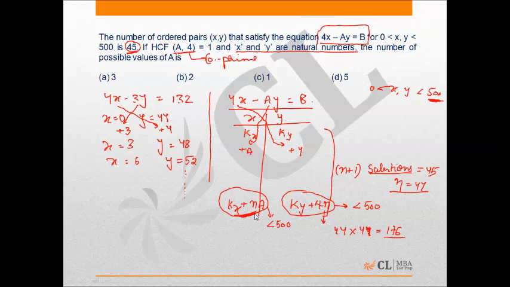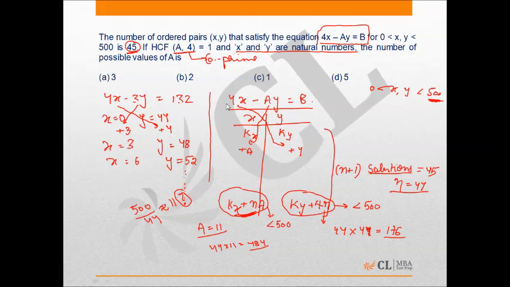Clear? Now if I divide 500 by 44, my number would be close to 11. Close to 11, right? So I can understand the value of a should be 11. Reason being, if a is 11, 44 into 11 is 484.